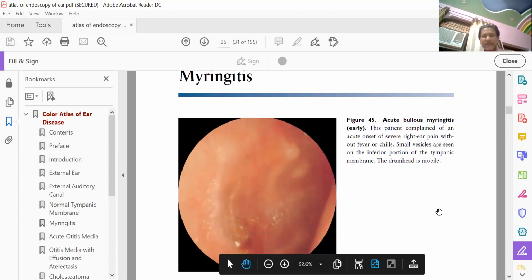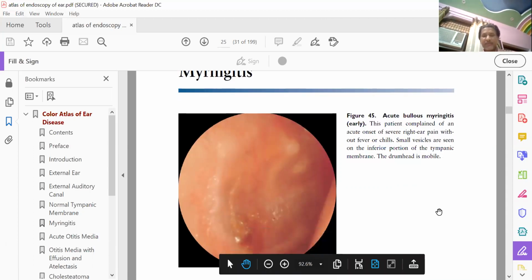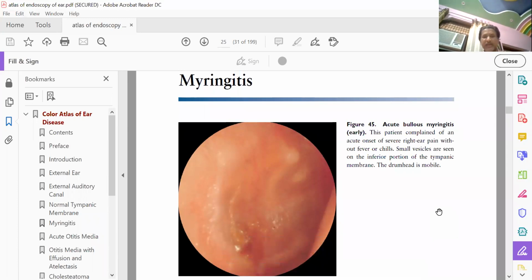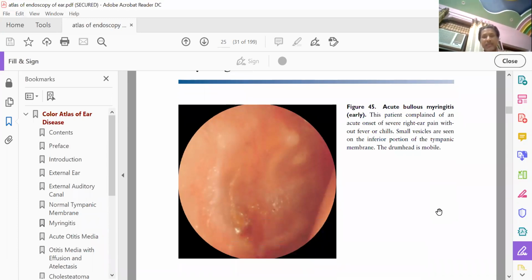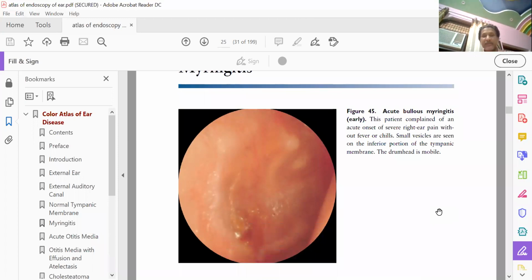Different types of myringitis, or inflammatory sequences of the tympanic membrane, are present. By and large, the tympanic membrane has an inflammatory response when it is associated with middle ear infection, because the tympanic membrane is an extrapolation of middle ear health.